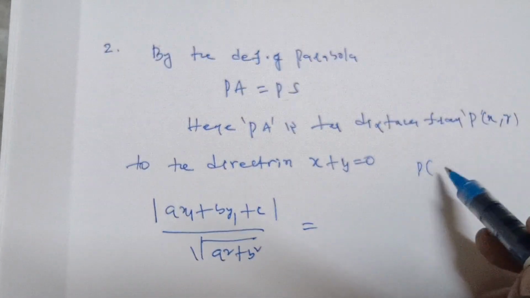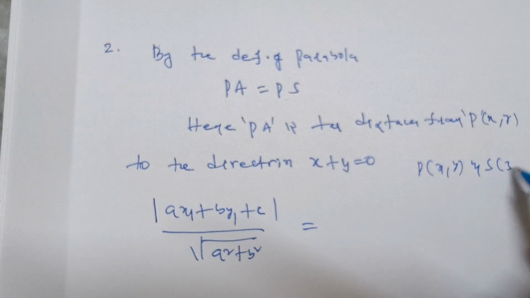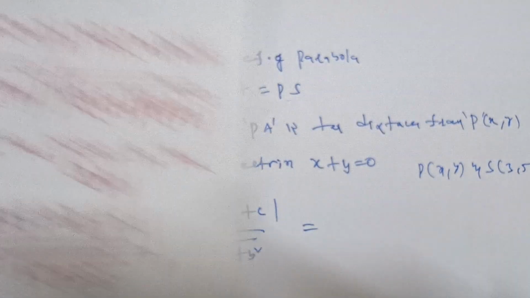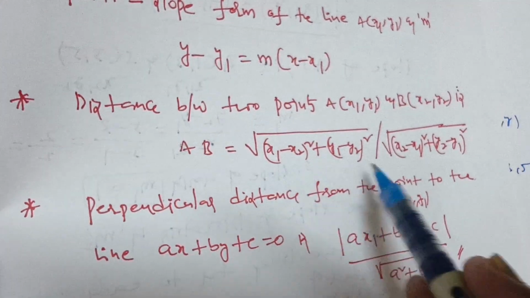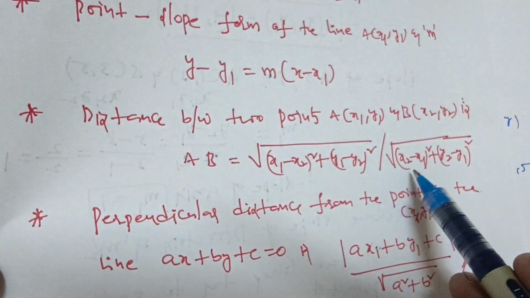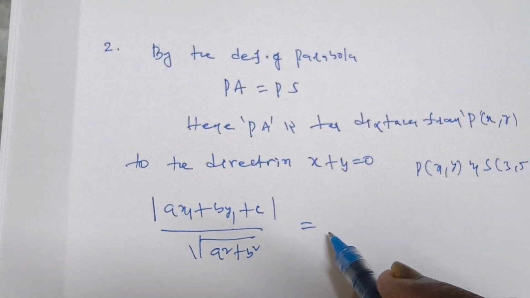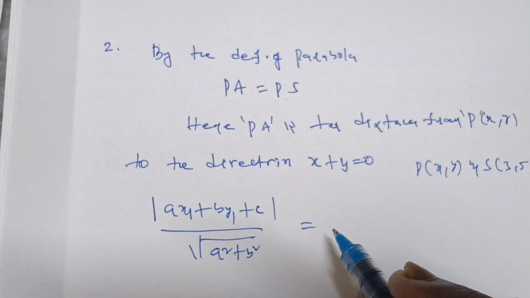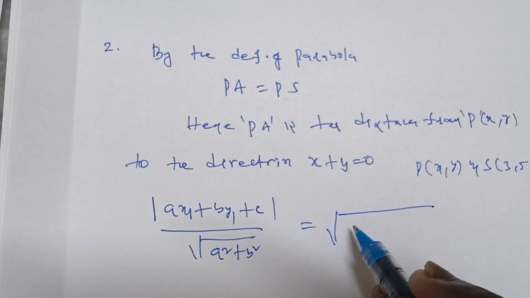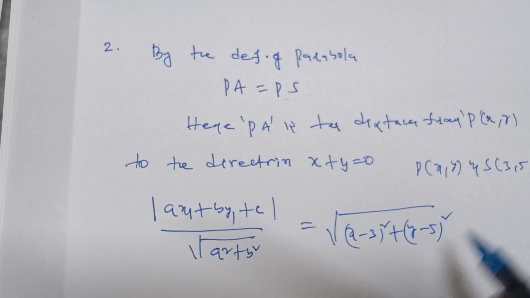P coordinates are (x, y) and S is (3, 5), so we use the distance formula: square root of (x - 3) whole square plus (y - 5) whole square.